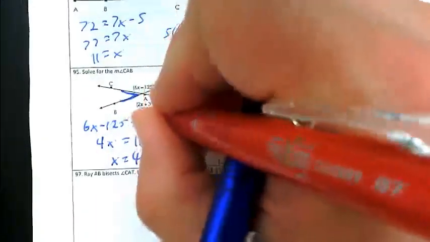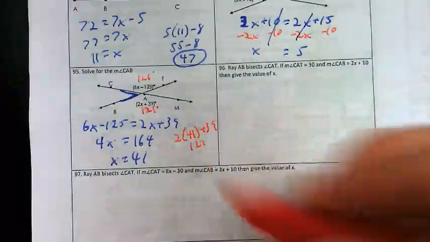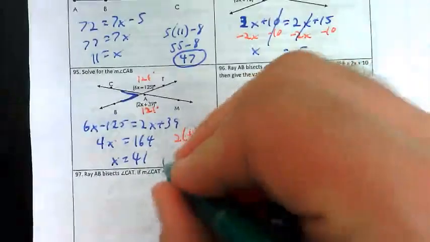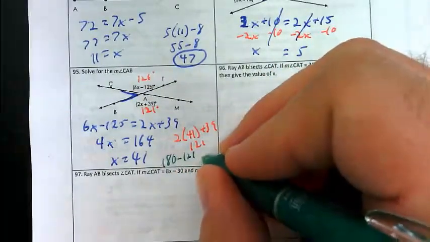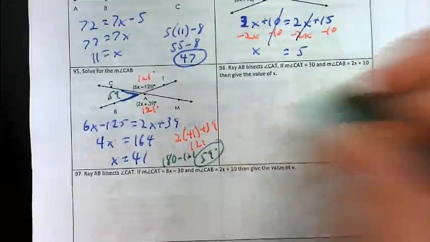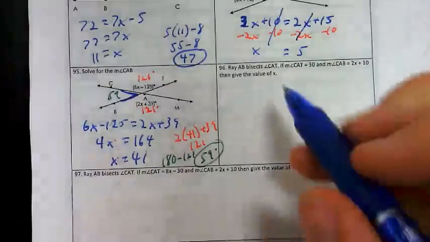So these two angles are both 121. Subtract that from 180, and we're left with 59. And that'd be our final answer.